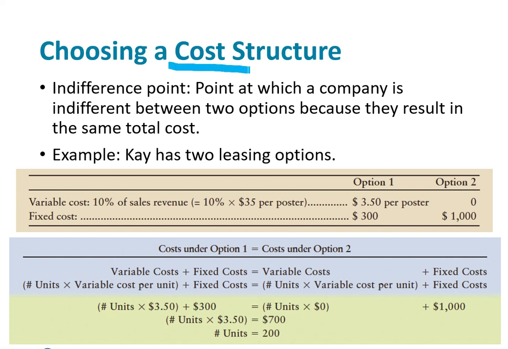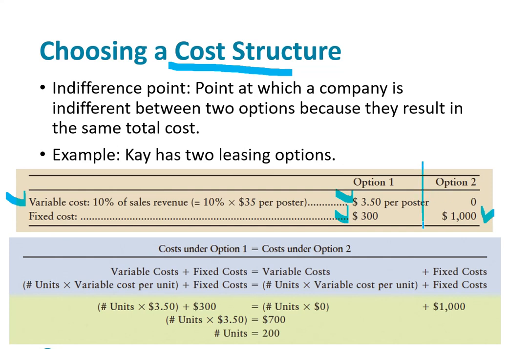Now, the last slide for this particular chapter is choosing a cost structure. In other words, do we want option 1, where variable costs are 10% of sales revenue, $3.50 per poster, and our fixed costs are $300, or do we want option 2, where there's a $1,000 fixed cost but no variable cost?